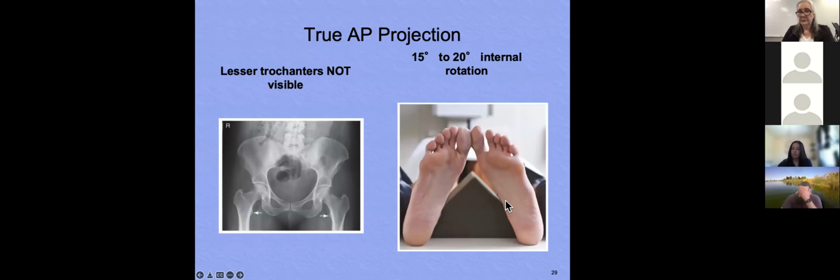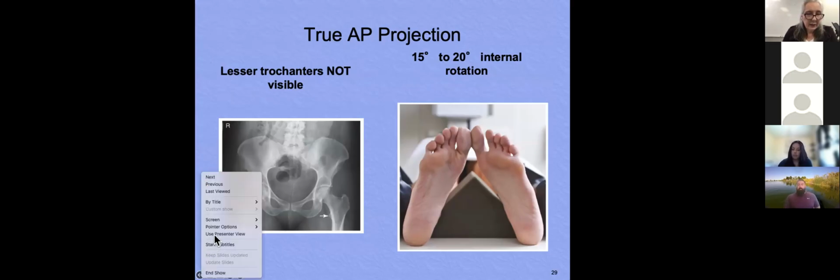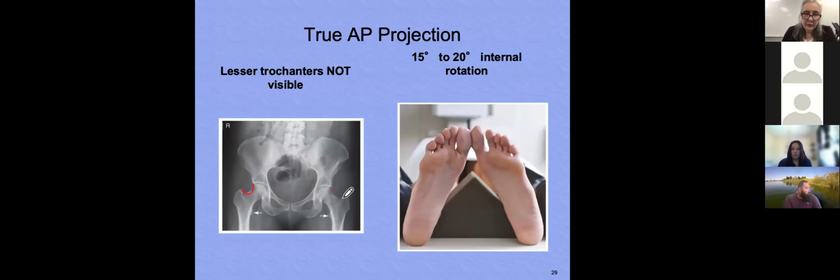It's not the 45 degrees like they had said earlier. So this is 15 to 20 degrees medial rotation. Here you can see we have pretty close to a U, not perfect, but pretty close, and you just see very little of the lesser trochanter.